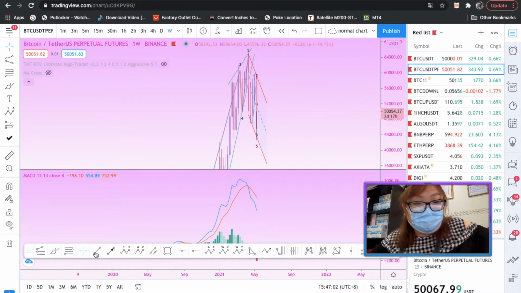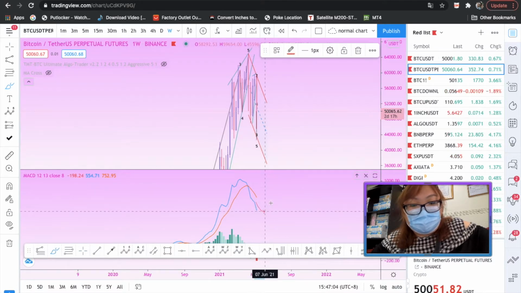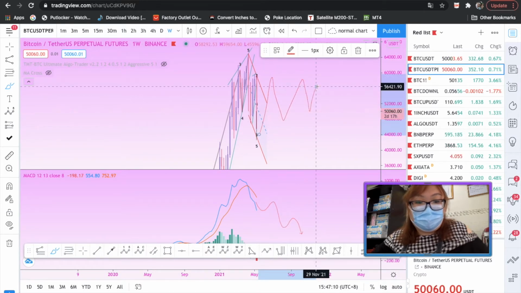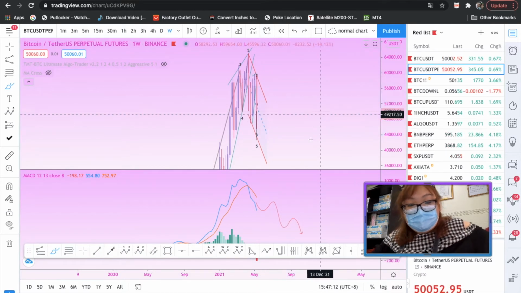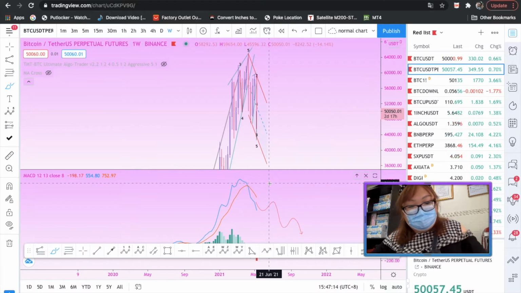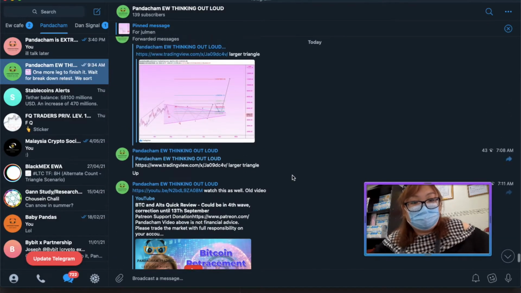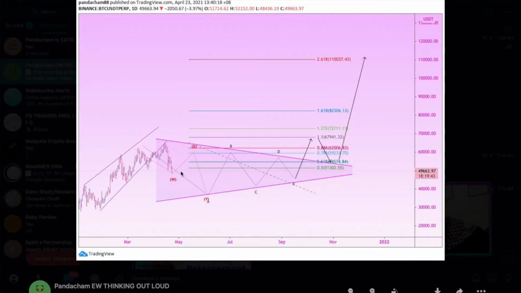So we're going to get something like that, and the market is going to go sideways, in my opinion. That's my bias, because in the past I have charted many things, and one of them is this.